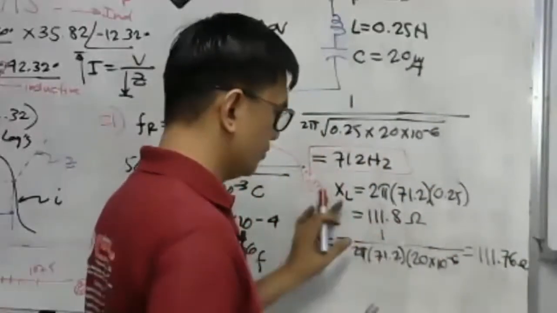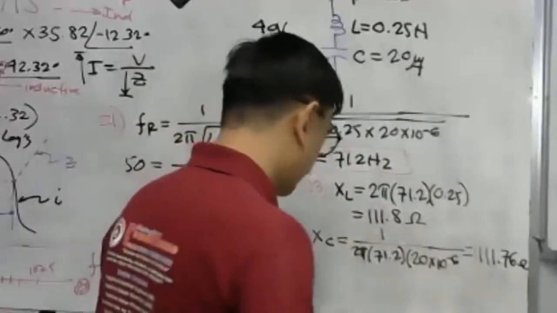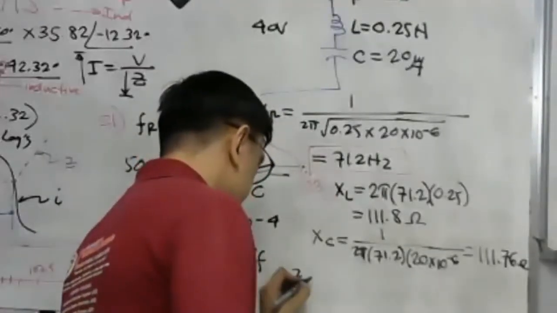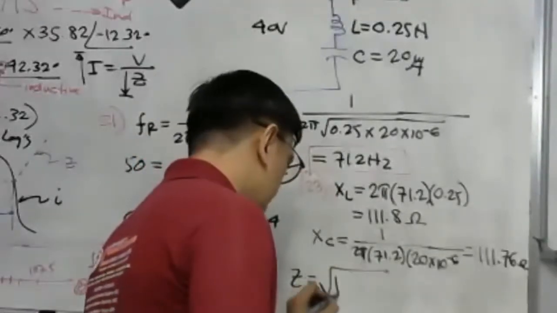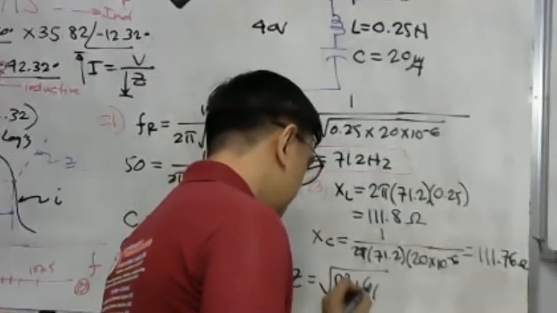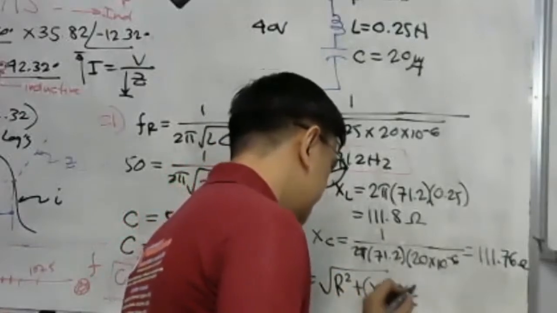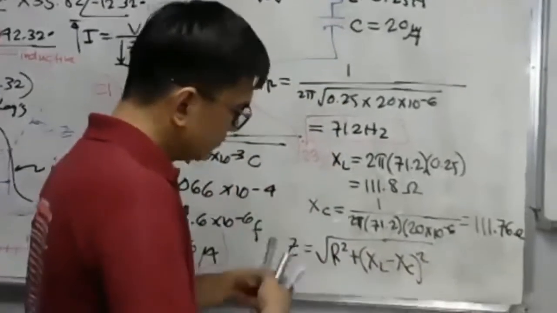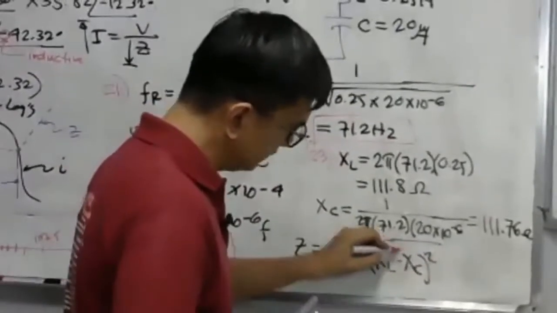Always remember, at resonant frequency, Z is equal to R. Z is the square root of R squared plus (X sub L minus X sub C) squared. Of course, if they are equal, the difference is just 0.